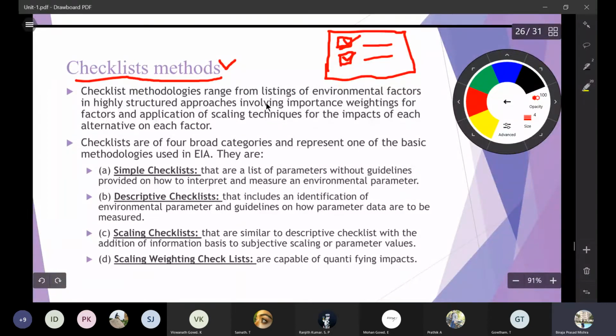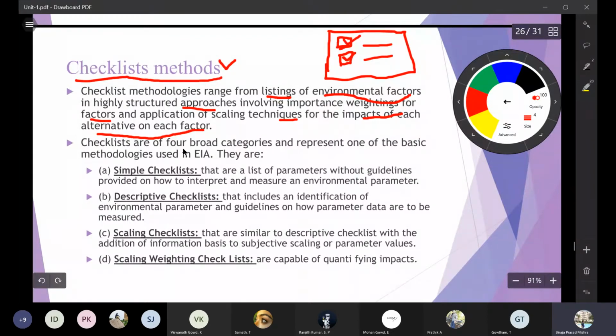So the checklist method ranges from listing of the environmental factors to a highly structured approach involving the importance weightings for factors and the application of scaling techniques for the impacts of each alternative on each factor.